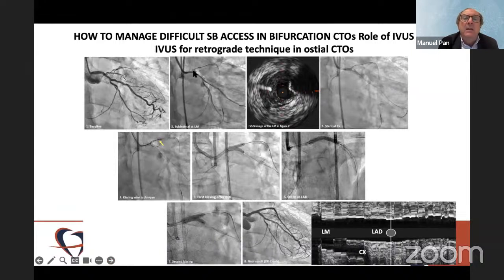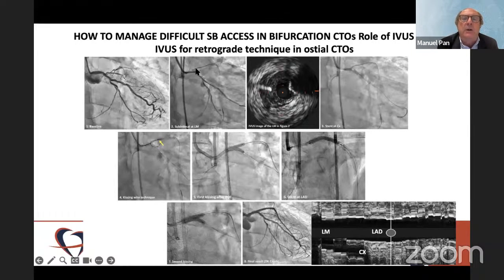In this case, we couldn't obtain a good position of the antegrade wire.